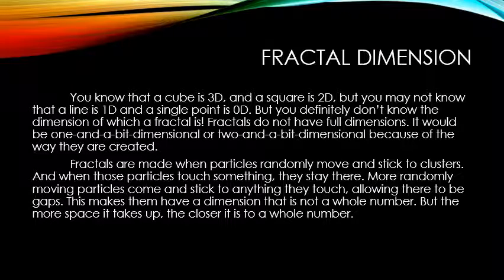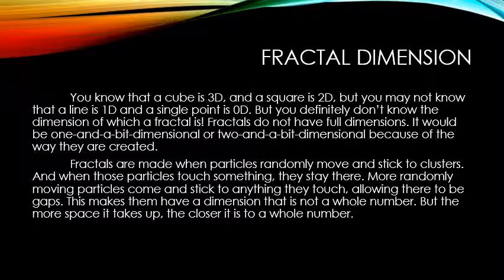Fractal dimension. You know that a cube is 3D and a square is 2D, but you may not know that a line is 1D and a single point is 0D. But you definitely don't know the dimension of which a fractal is. Fractals do not have a full dimension. It would be 1 and a bit dimensional or 2 and a bit dimensional because of the way they are created.